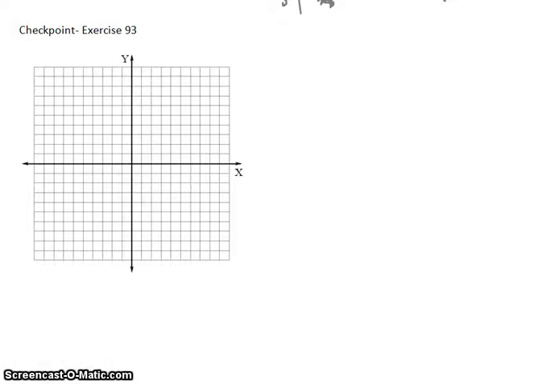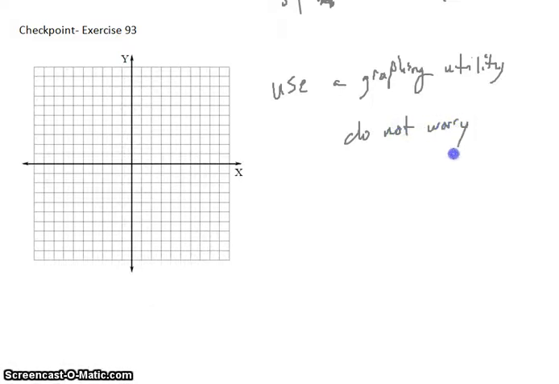So it says use the intermediate value theorem and a table feature of a graphing utility. So when it says use a graphing utility, we do not need to worry about this. Do not worry about that. So that's not an issue.